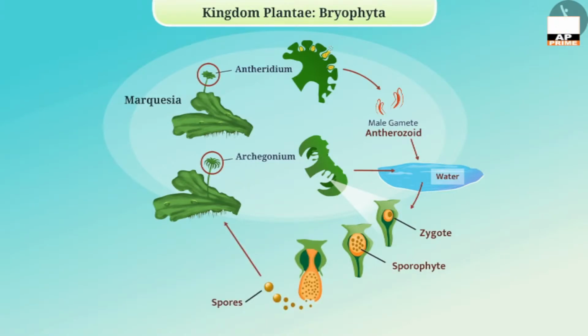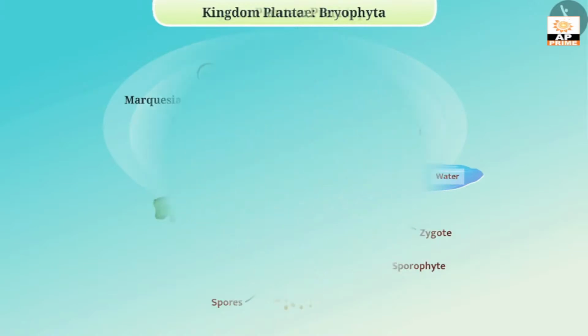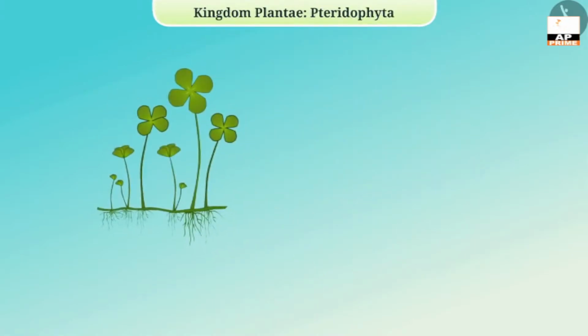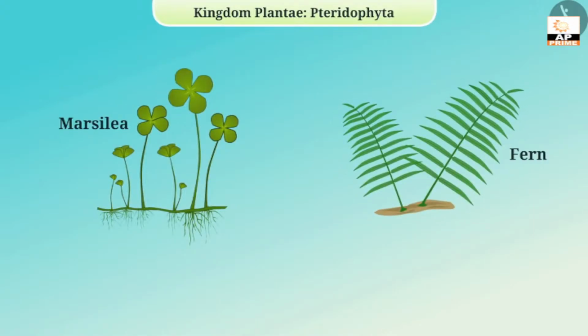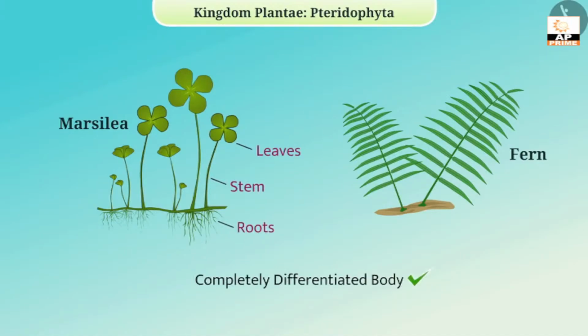Now, let's understand Pteridophyta. Plants of the type Marsilea, fern, etc. are included in Pteridophyta. This class of plant kingdom consists of all those plants whose body develops completely into roots, stems, and leaves. That means their body is completely differentiated.